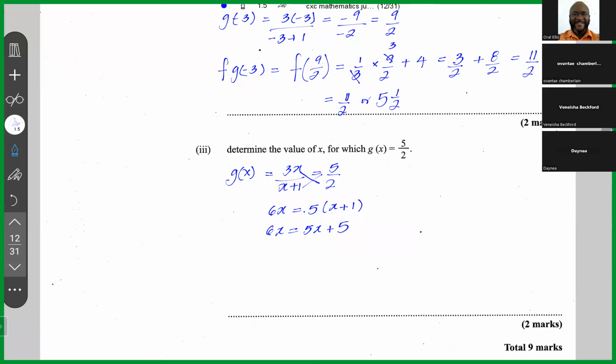Let's get all the x's on one side. We have 6x minus 5x is equal to 5. Positive 5x on the right goes over to the left and becomes negative. Now 6x minus 5x is x, so x is equal to 5. So x is equal to 5 is the value of x for which g of x is equal to 5 over 2.